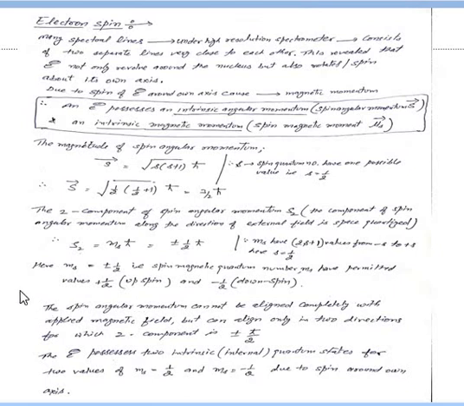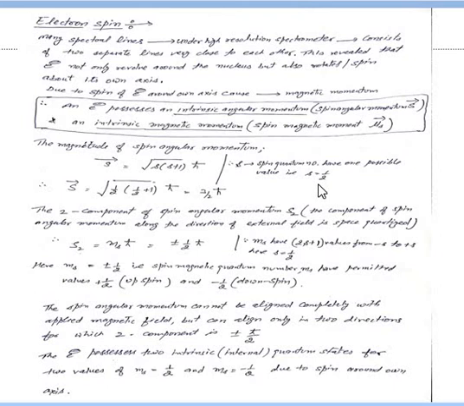So normally the z component of the spin angular momentum is equal to ms times h cross. And from the knowledge of quantum numbers, we know this ms is the spin magnetic moment quantum number. In this case we have s equal to half.